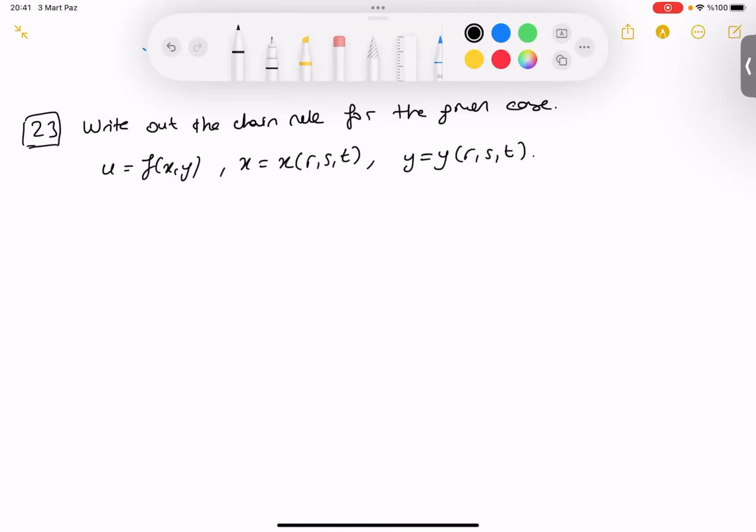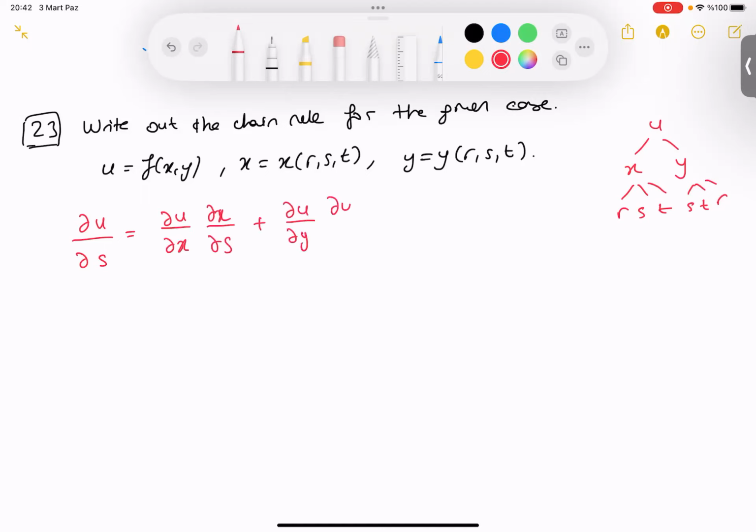Okay. Now we will use the chain rule to write the derivatives. So you see u is dependent on x and y, x is dependent on r, s, and t, the same valid for y. So du over ds, for example, du over dx, dx over ds, plus du over dy, and then dy over ds.